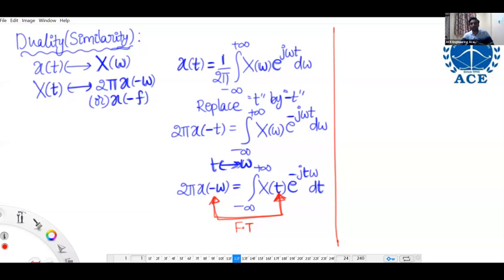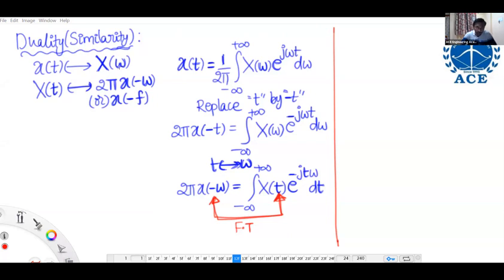For understanding purposes, spectrum to time domain means omega is replaced as t. Time domain to frequency domain means t is replaced as minus omega, which is based on the inverse Fourier definition. Omega replaced as t, t replaced as minus omega.